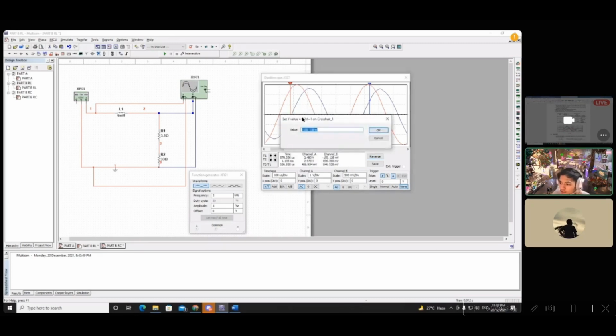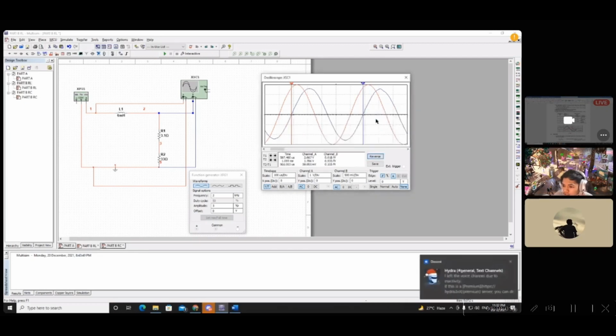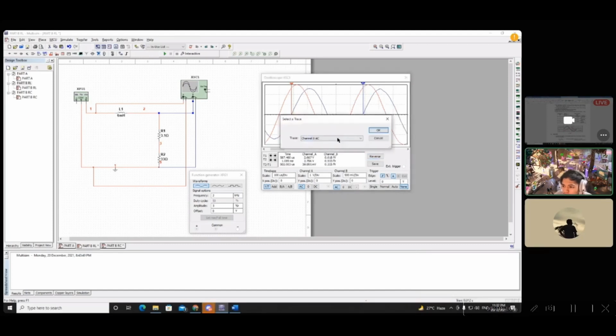The value is equal to 0, and it's channel A. Okay, you get one period equal to 500 microsecond.